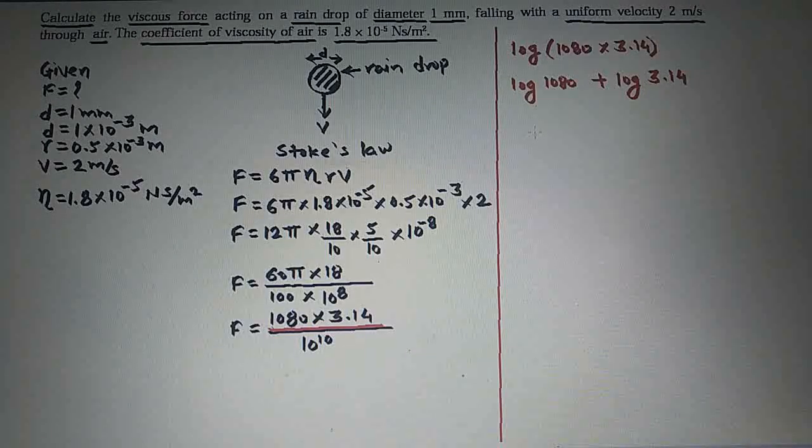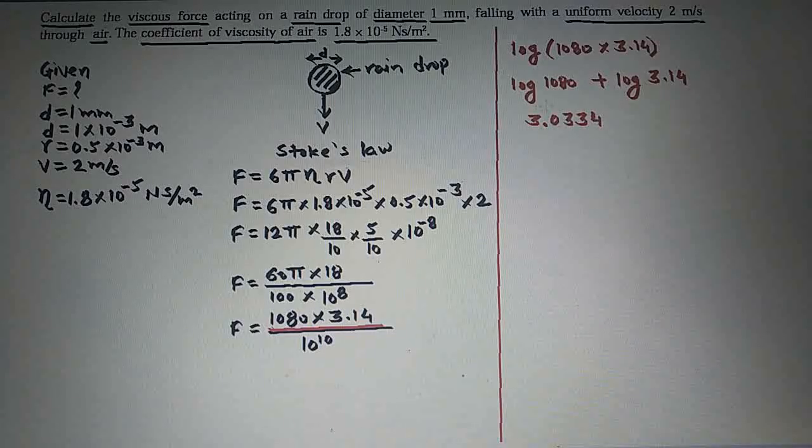Next we will find out the log of 1080 here. So first the characteristic, as there are 4 digits in integer part, the characteristic will be 4 minus 1, 3 point. Next we will find out the mantissa here. So log of 1080 is having mantissa 0334.